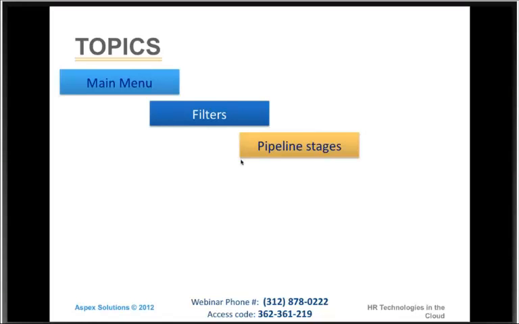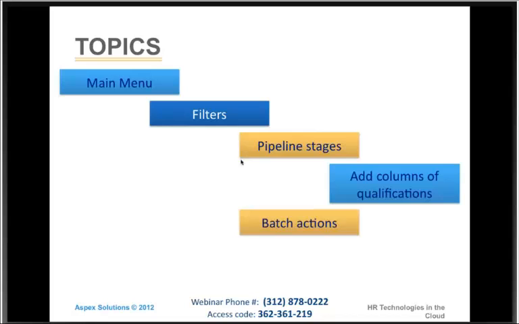I'll explain a feature we call pipeline stages, which is often used by our clients who are screening applicants in the central office and then only releasing or forwarding those applicants who meet certain minimum criteria to you. And at that point, we'll learn to add columns of qualifications to the applicant list to help you speed up getting a first impression of the qualifications of a list of applicants for a vacancy.